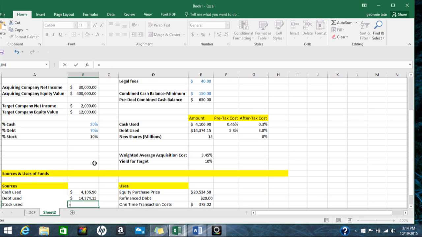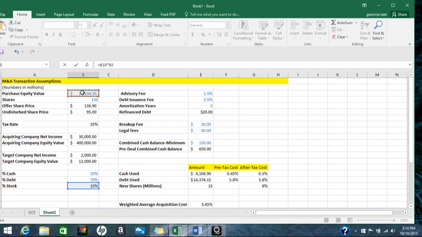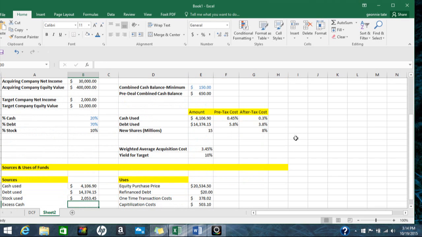We're going to do the same for stock. Okay, we have one more.